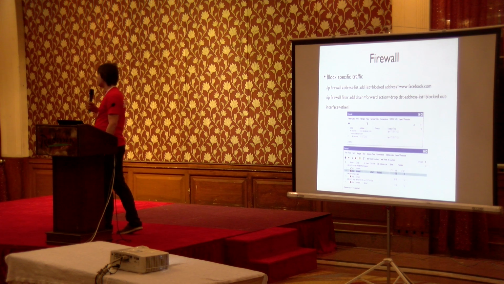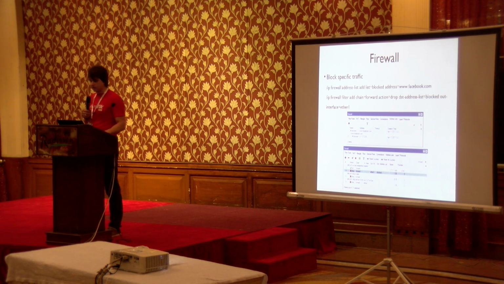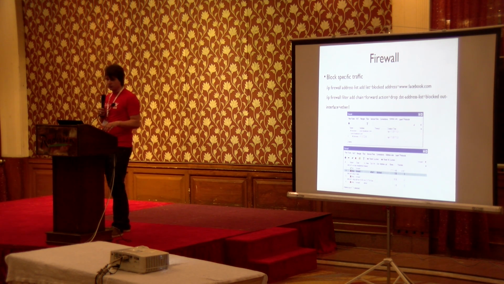To do so, you can use the firewall address list. You can add your address, which in this example is facebook.com, and the router will automatically resolve this DNS name to IP addresses. If the resource has multiple IP addresses, it will list all available IP addresses, and later you can block this content with a simple firewall drop rule.